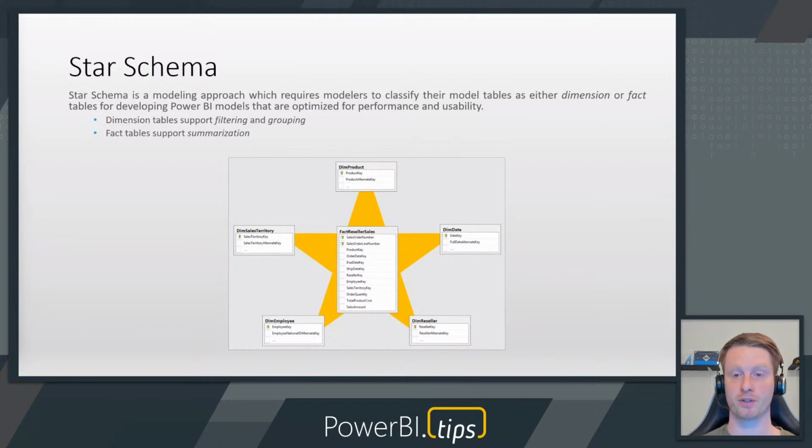This is really what we want to get when we make our models. We try to make the star schema, which is one or multiple fact tables surrounded by some dimensions. And you can see here the dimensions support filtering and grouping, whereas the fact tables support summarization.